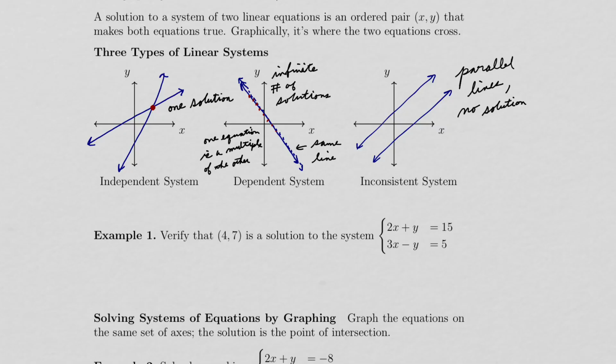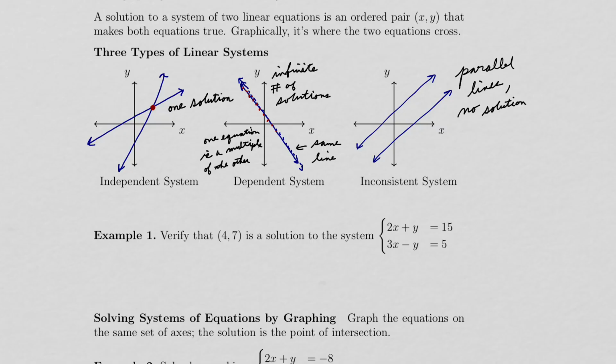Remember, a solution is an ordered pair that makes both equations true. So graphically, that would be where the two lines intersect, or in the case where you have an infinite number of solutions, they intersect at every point. So all ordered pairs would make both equations true in that case. But the most common case is this first case right here, where we're just going to have one solution.